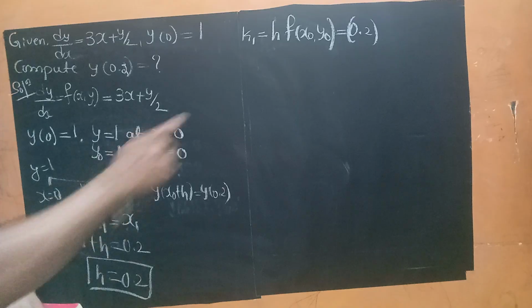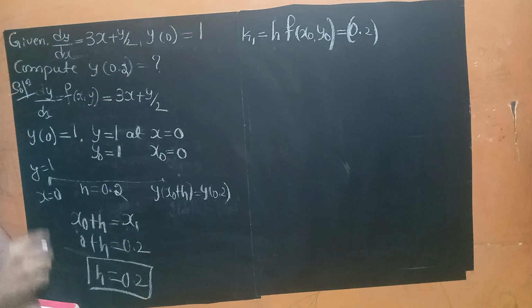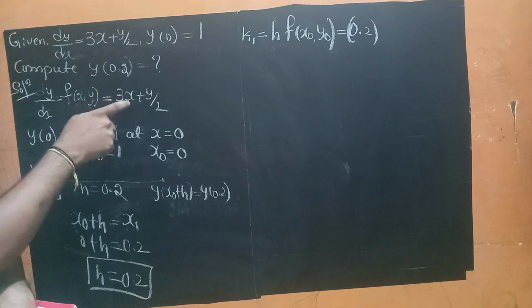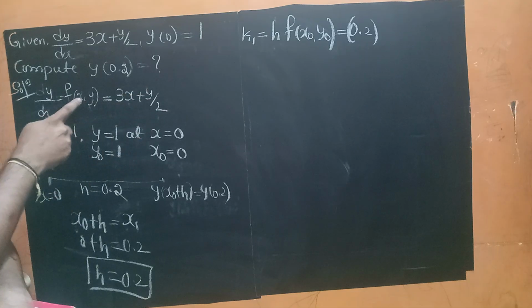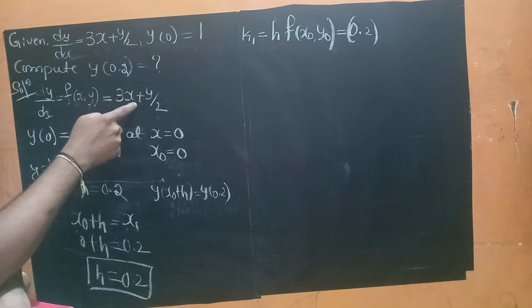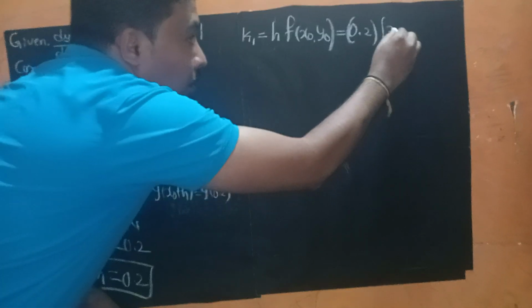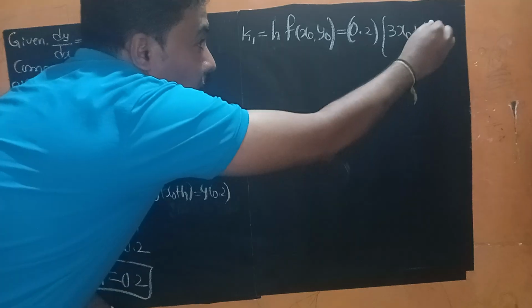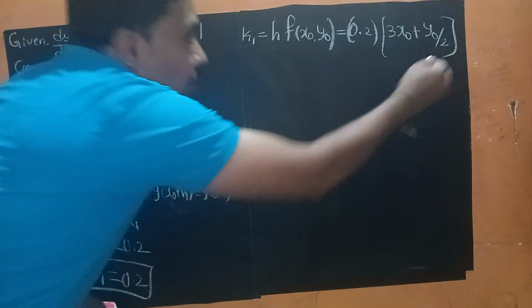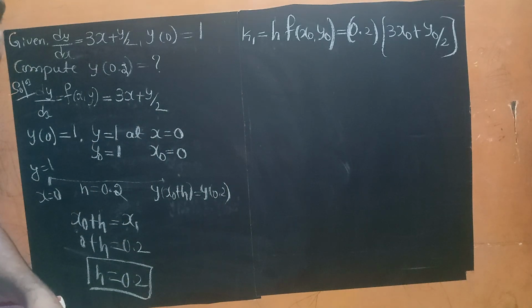And f of x0 comma y0: here f of x comma y is 3x plus y by 2. For x0 comma y0, I have to replace x by x0, y by y0. That is 3x0 plus y0 by 2. I am writing this only for understanding purposes. Once you are well versed with the problem, you directly replace the x0, y0 values in the problem.